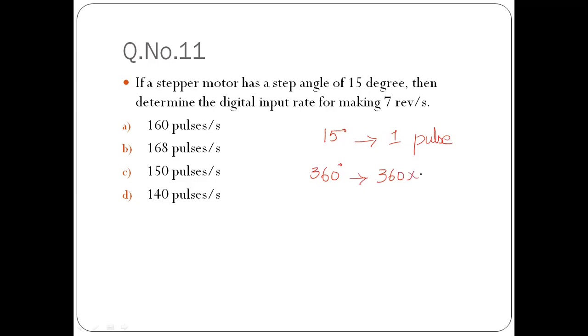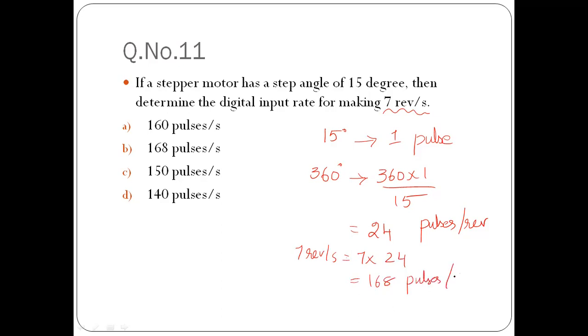It is 360 into 1 by 15. So I should give 24 pulses for one revolution. They have asked to make 7 revolutions per second, so I multiply this with 7. That is 168 pulses per second. So option B is the correct answer.